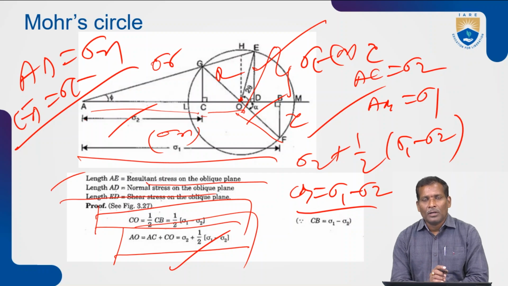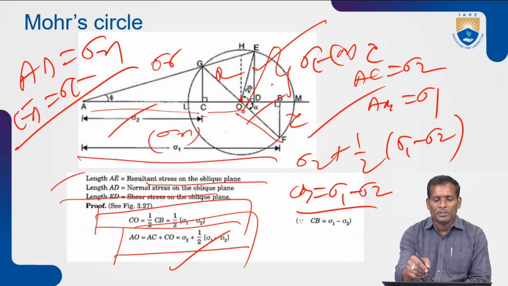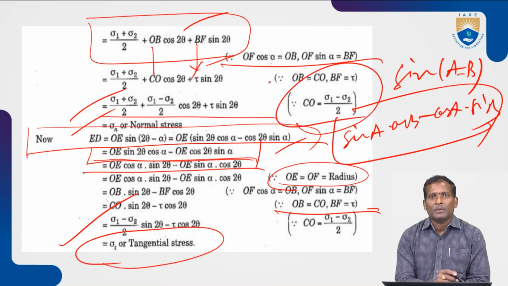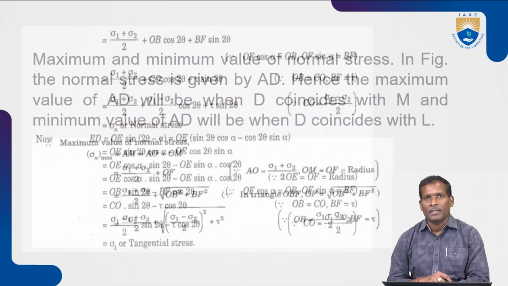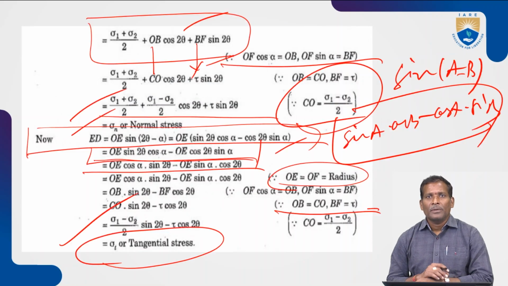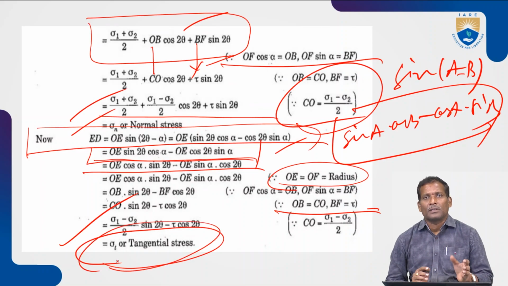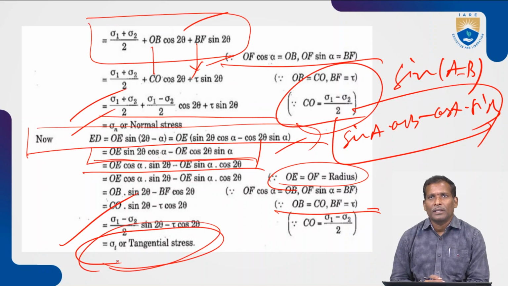So how to derive the proof for this: AD is equal to sigma n and ED is equal to shear. So that's why we have done like this. The sigma t is the tangential stress. Clear? So now you got proof for this diagram, the ED, tau and the AB, sigma n.